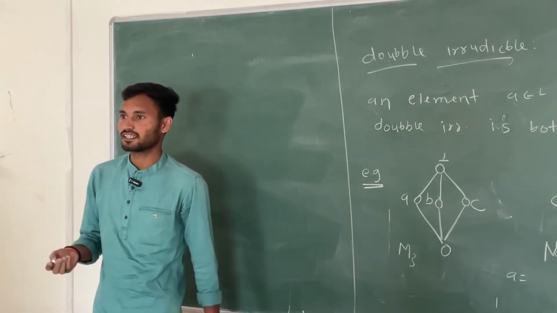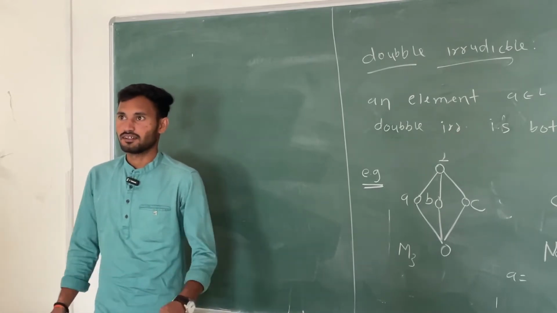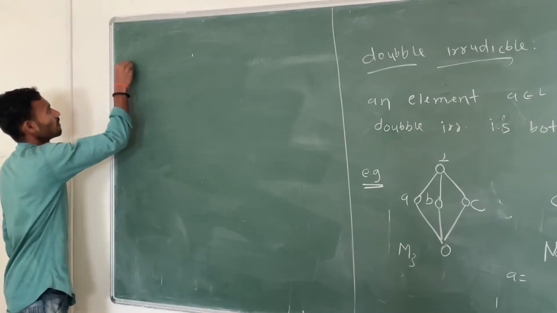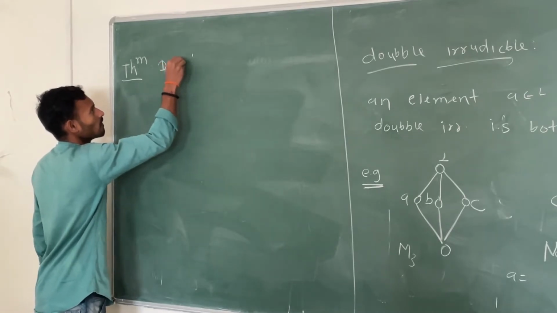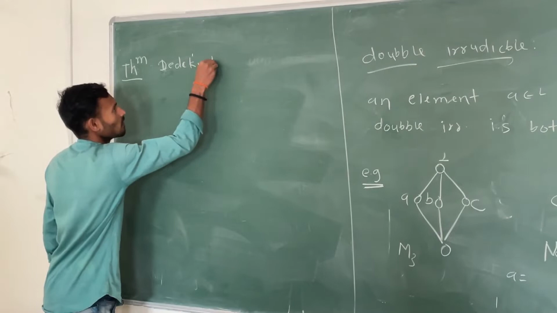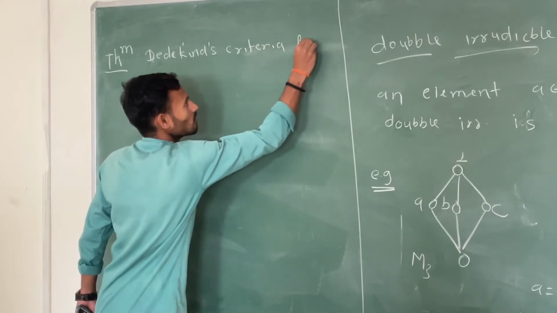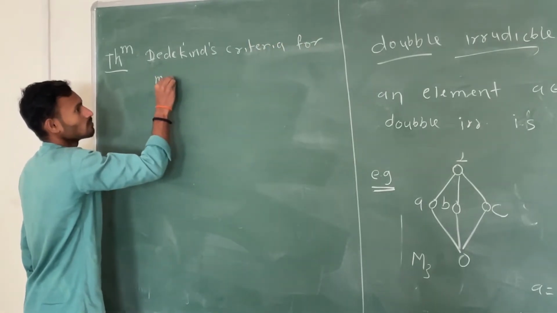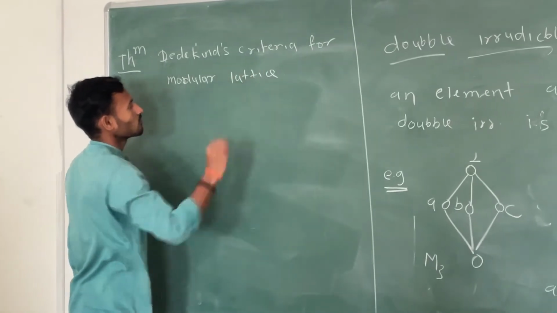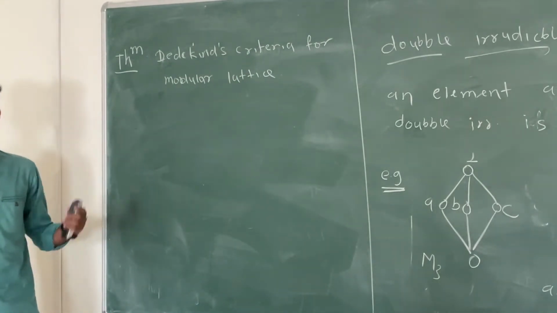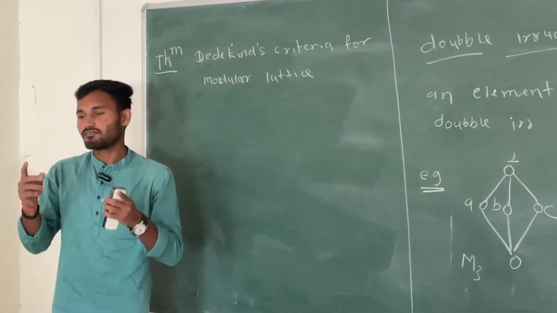Now we are going to see one theorem on modular lattice, which is also called Dedekind's criteria for a modular lattice. The theorem states that if we have a modular lattice, then it does not contain N5 as a sublattice.